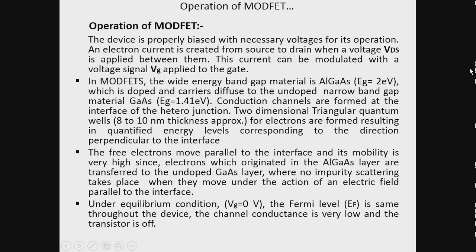So these two materials have different band gaps. The conduction channels are formed at the interface of the heterojunctions. Two-dimensional triangular quantum wells, approximately 8 to 10 nanometers thick, are formed, resulting in quantized energy levels corresponding to the direction perpendicular to the interface.